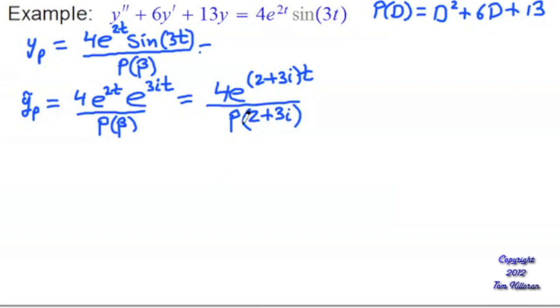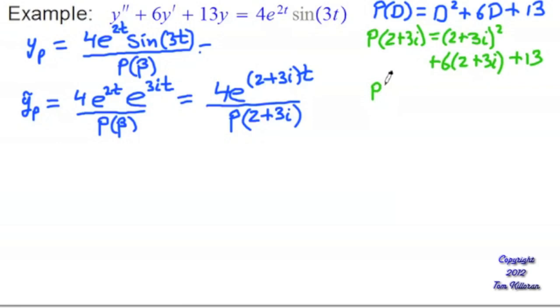Alright, so from here, I'd rather do the p of d first, so I'm going to go up there and plug it in. Let's see what happens. So p of 2 plus 3i. We're going to have to square it, add 6 times it, and then finally add 13.